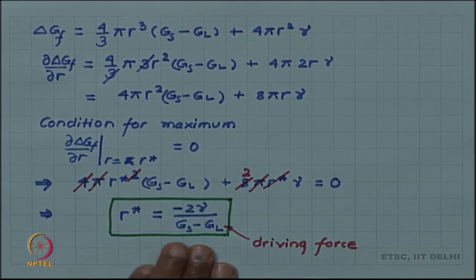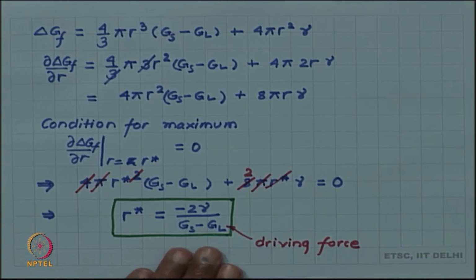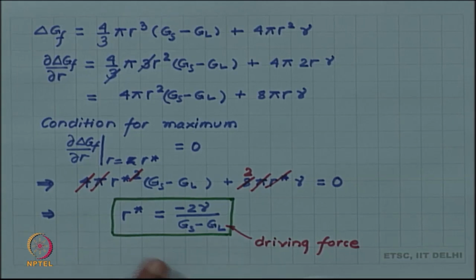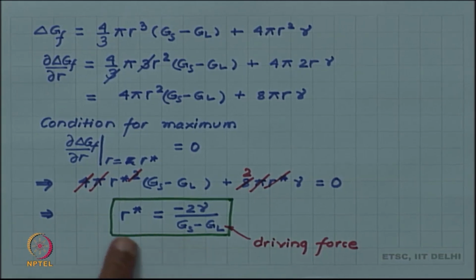So, it coming in the denominator is justified in the sense that higher is the driving force, smaller is the critical radius. So, which means if driving force is high, then nucleation is easier. You have to assemble a smaller number of atoms, you have to form a smaller critical radius for nucleation to happen. So, more the driving force, smaller is the radius.